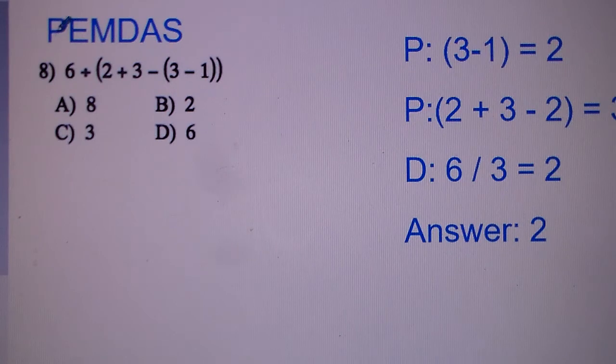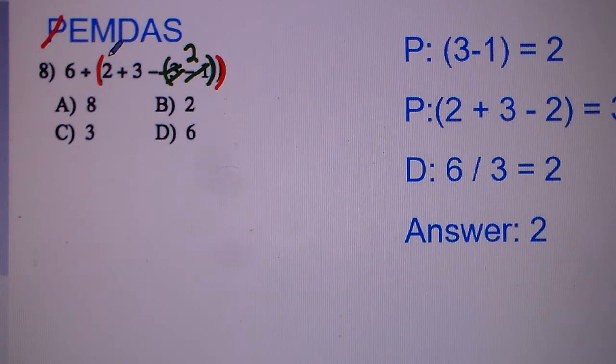Looking at this one, parentheses. Now this one's a little bit tougher. You have one set of parentheses here, and then on the inside here in green, you have another set of parentheses. So inside the one parentheses is another set of parentheses. We have to take care of that innermost set of parentheses first. So 3 minus 1 gets us 2. Once that is done, we can cross that out and just use the 2.